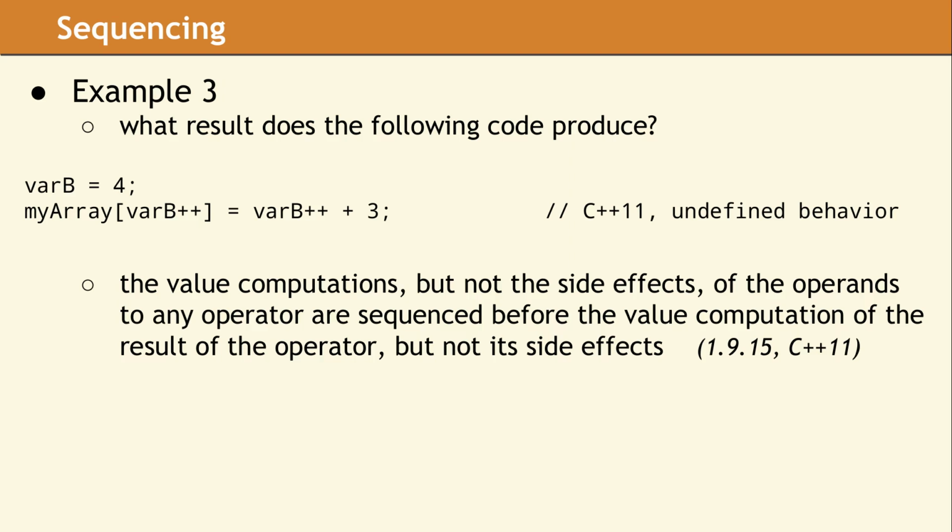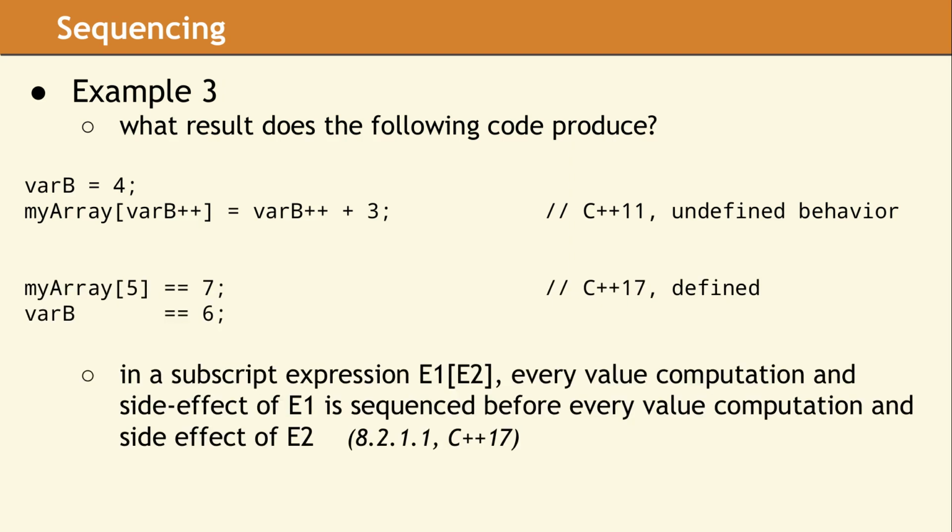These post-increments can happen anywhere. In C++17, the rules changed for sequencing. Several new rules were added, which made this code have well-defined behavior. One of the new rules states the right-hand side of an assignment is sequenced before the left-hand side, which is sequenced before the assignment operation.